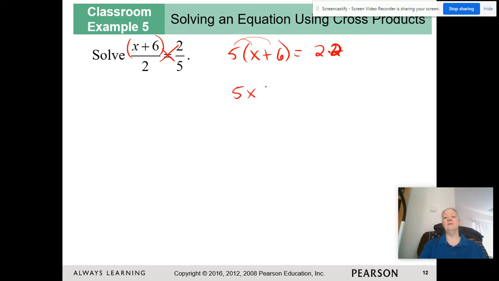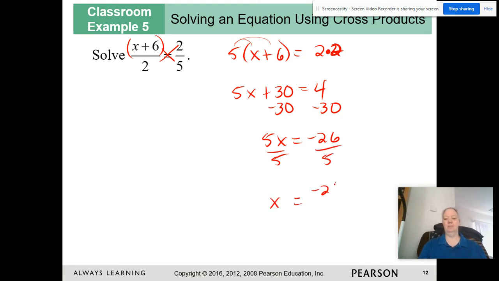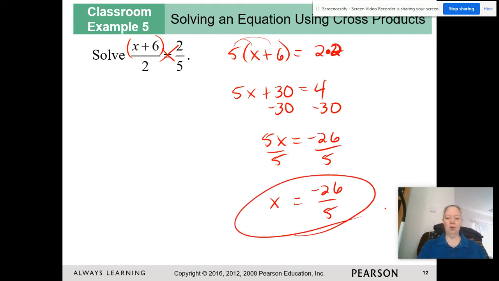So 5x plus 30, and subtract our 30. We get negative 26. Do not give me a decimal. And it does not reduce. So that would be your answer.